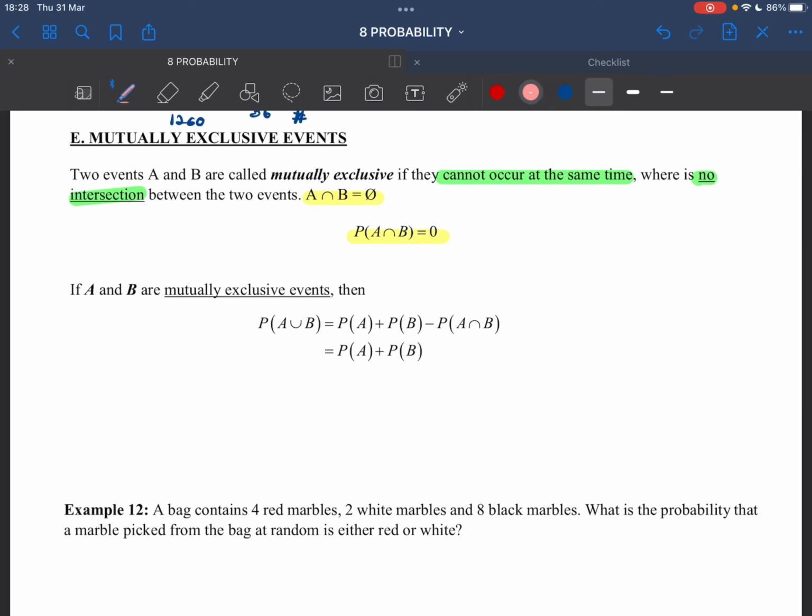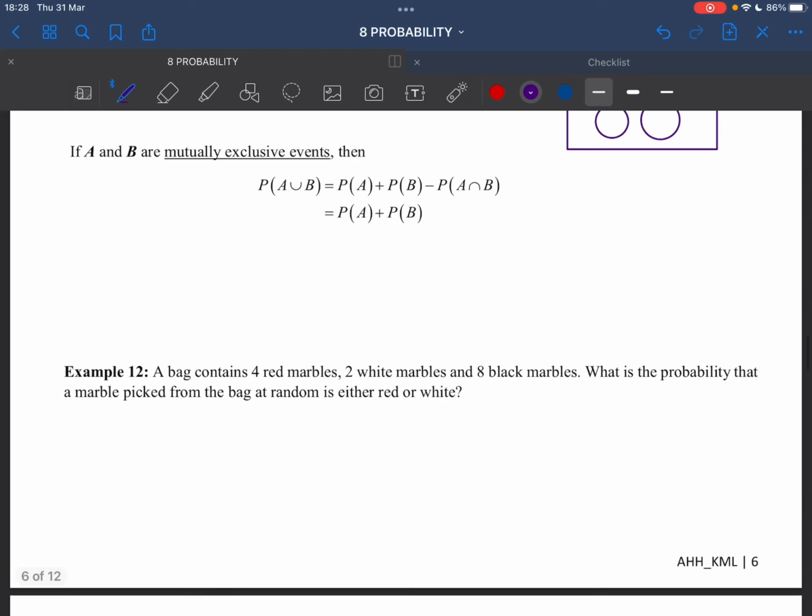If we represent that in a Venn diagram, it will look something like this: one circle, another circle. So there is no A intersect B. Therefore, if A and B are mutually exclusive, then if we use the formula for P(A union B), A or B or both, we have P(A) plus P(B) minus P(A intersect B).